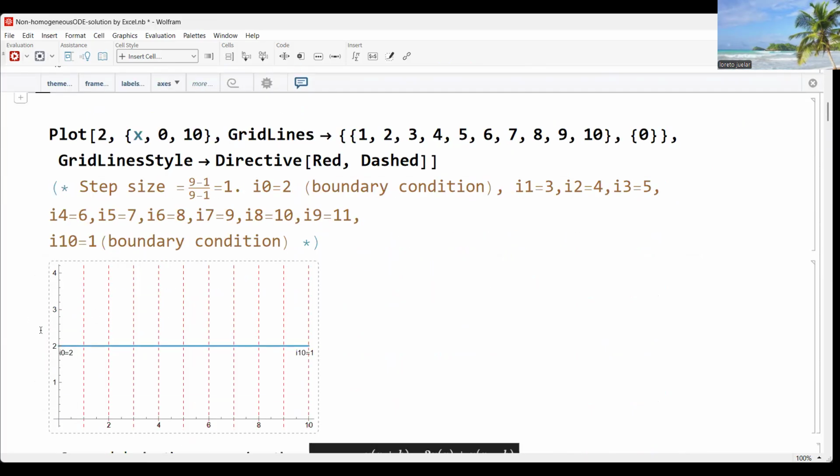So we have the boundary conditions here: y sub 0 equals 2 and y sub 10 is equal to 1.